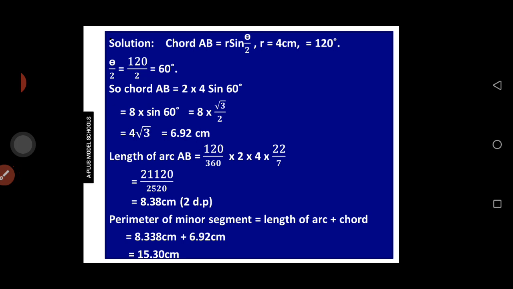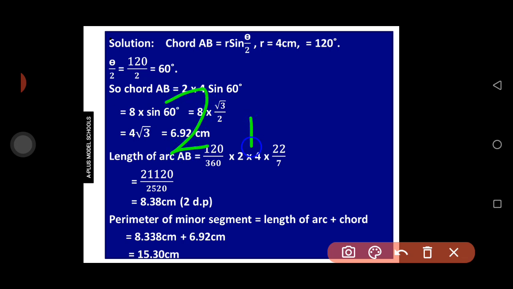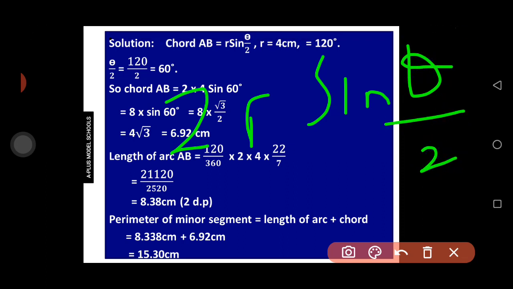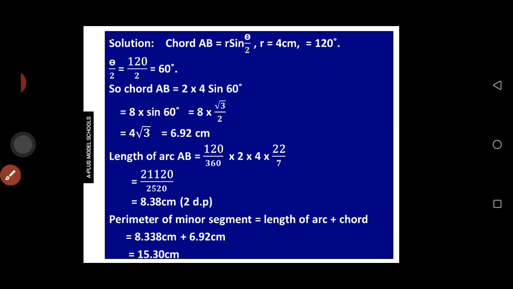So taking the 2r sine theta over 2 first, before going to the length of the arc, that will give me 2 times 4, which is 8, sine 60 degrees.